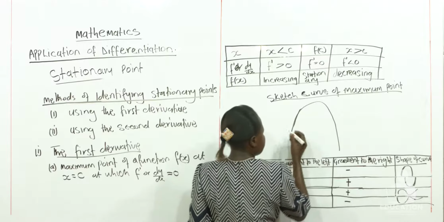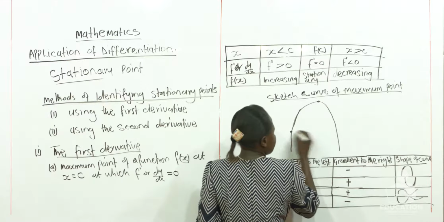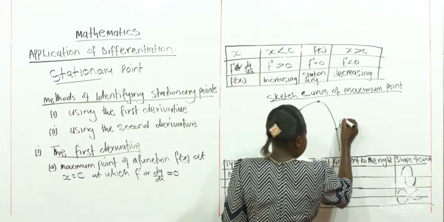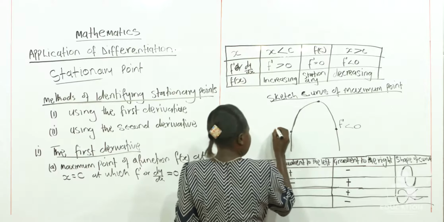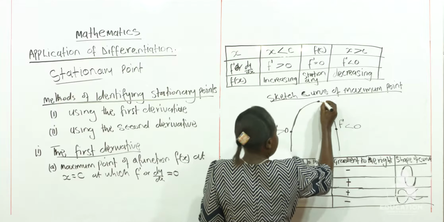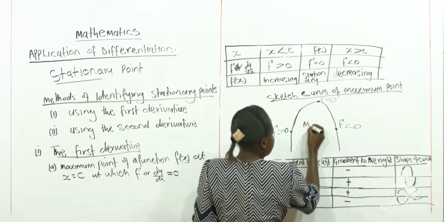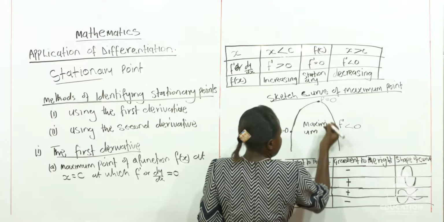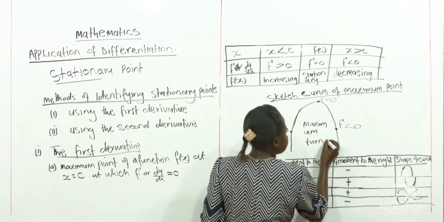We shall have it in that form, and these are our points. Here you will find f1 is less than 0, here f1 is greater than 0, and here f1 equals 0. So this is a maximum turn or maximum point.